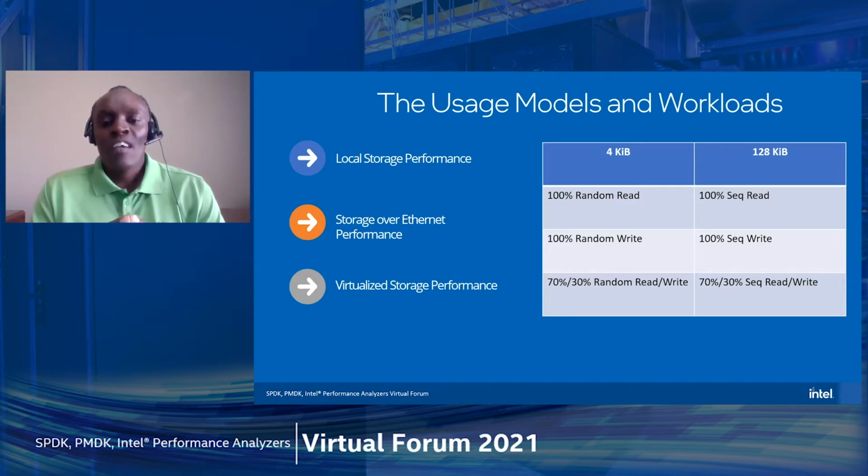We run a 100% random read workload, a 100% random write workload, and a mixed workload that is 70% random reads and 30% random writes. And then for the large block workloads, we use 3 workloads once again, and these are sequential. We have a workload that's 100% sequential reads, a workload that's 100% sequential writes, and a workload that's a mix of 70% sequential reads and 30% sequential writes.